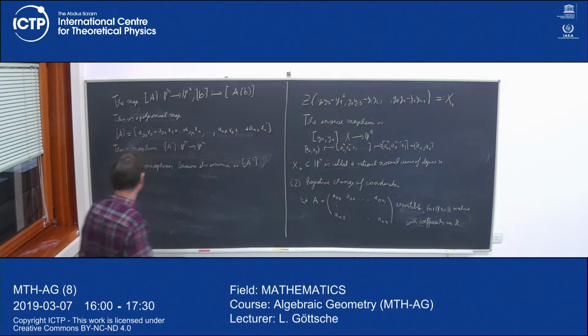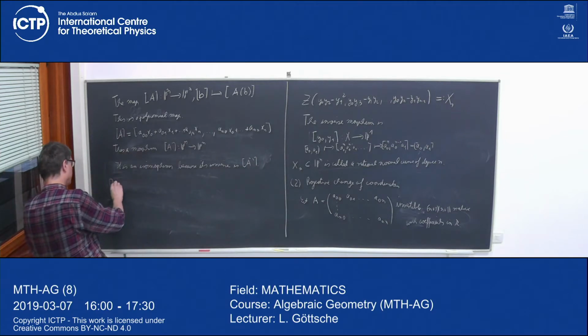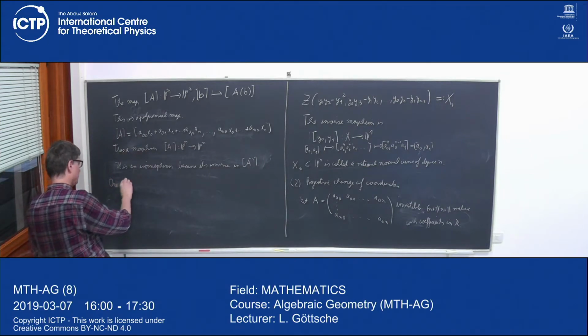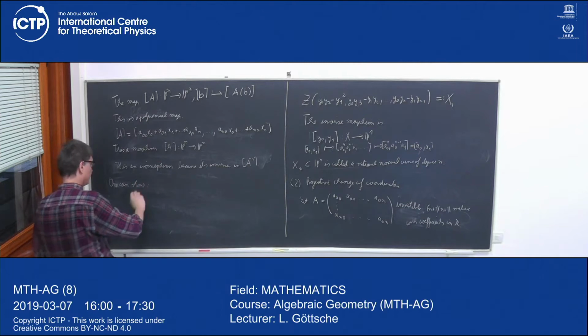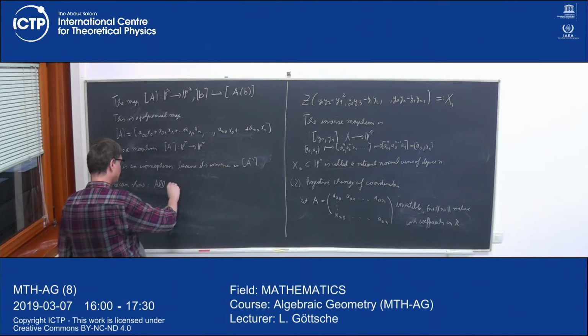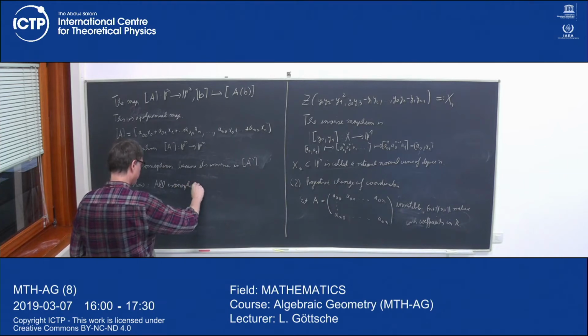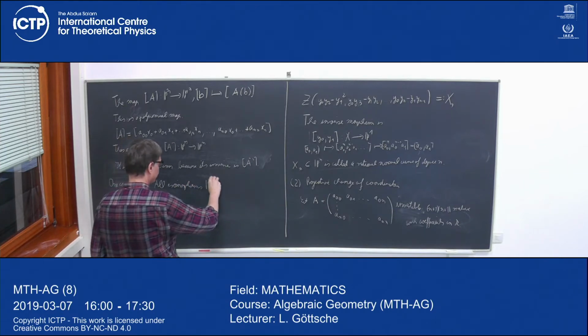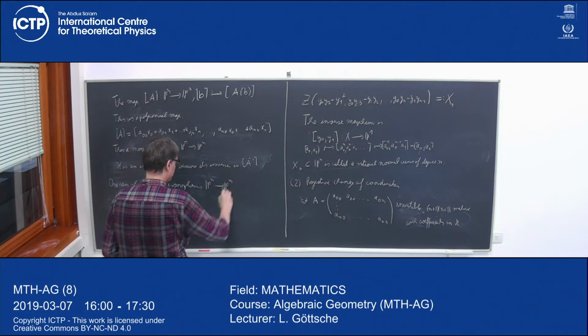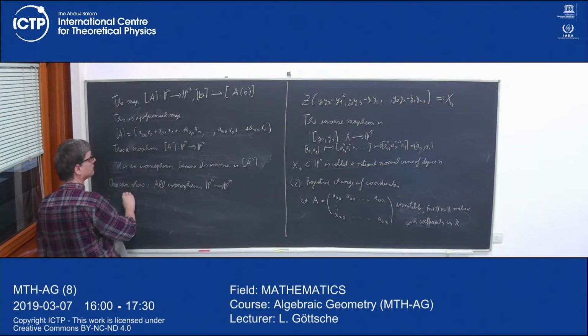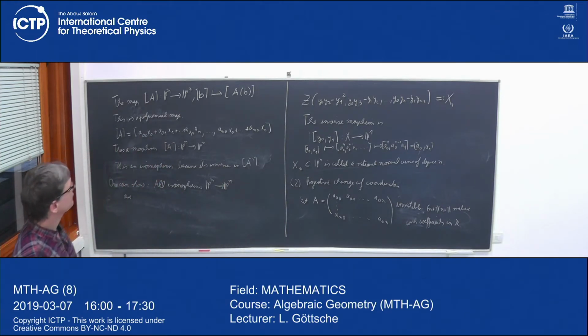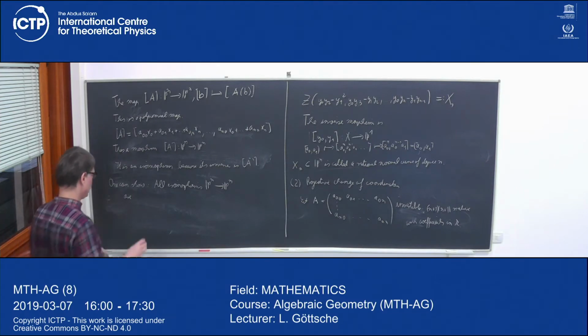Okay, so this is of some importance because there are two statements. The first one is that one can show, but we will not, that all isomorphisms from Pn to itself are such projective changes of coordinates.